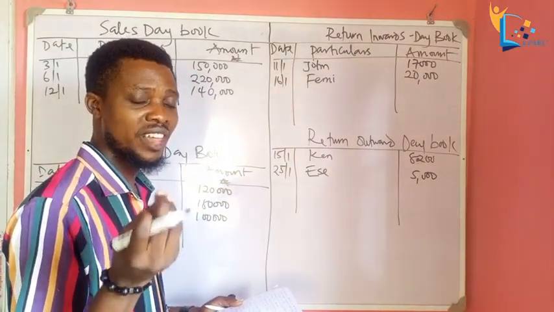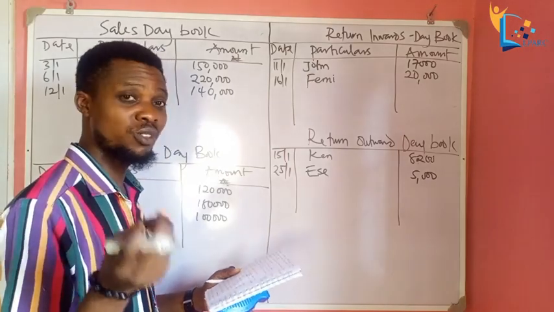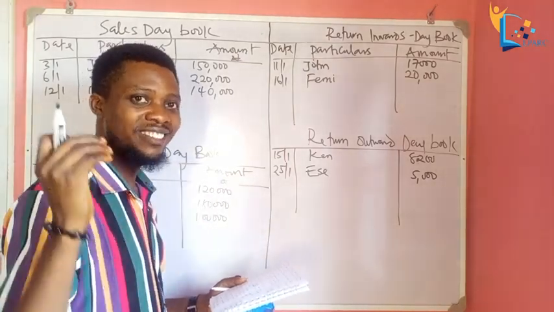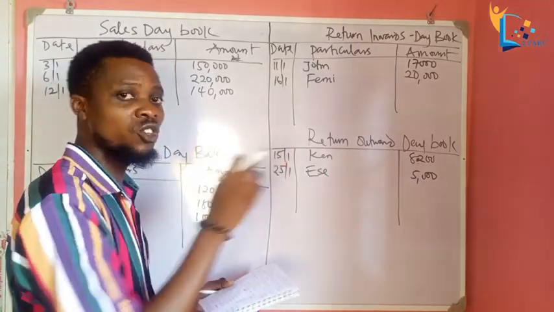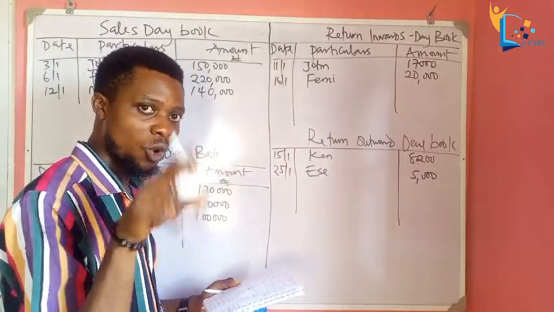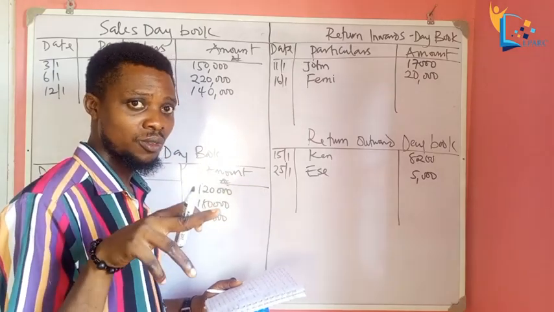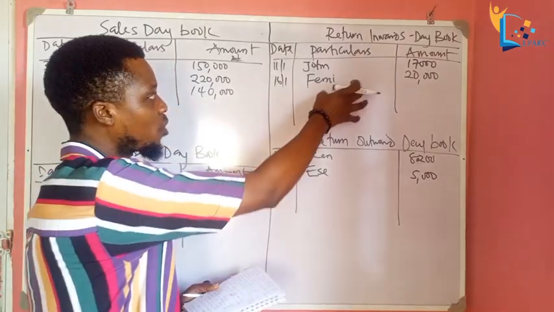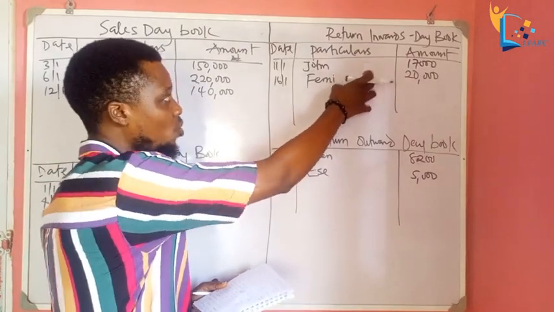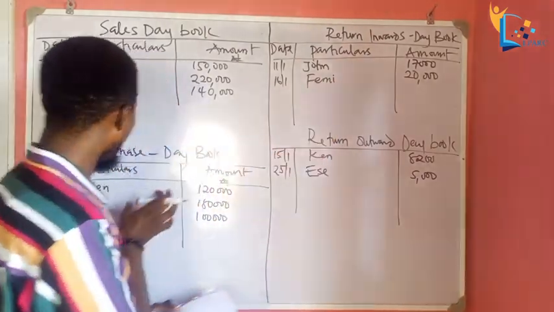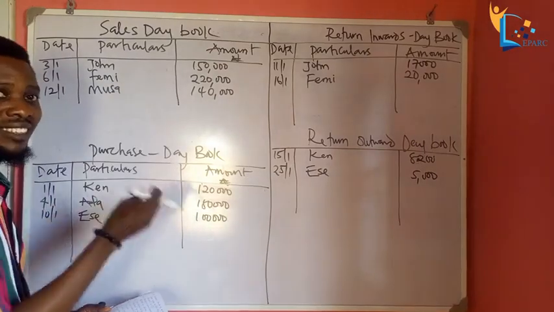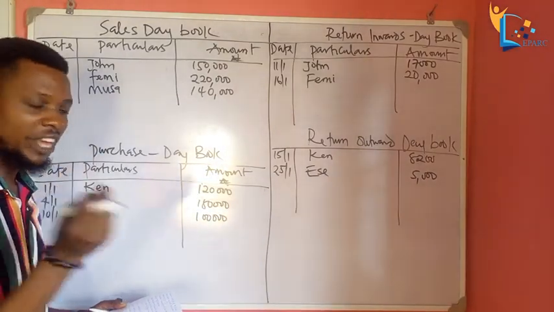So when you deduct 7,000 from 70,000, you're left with 63,000. It is that 63,000 that you will record here, not the 70,000. Trade discount, you don't record it on the purchase day book or the sales day book. It is the net value that you record.